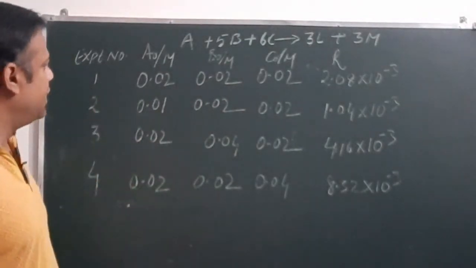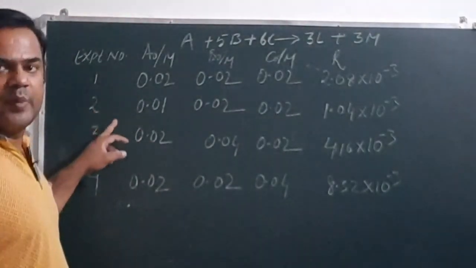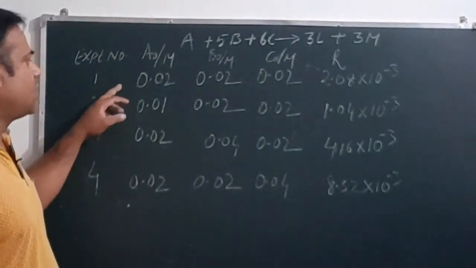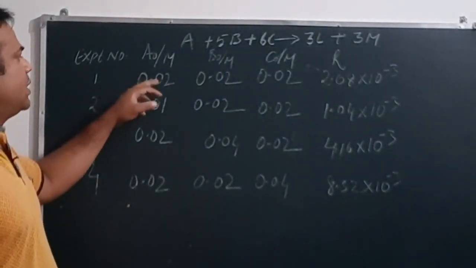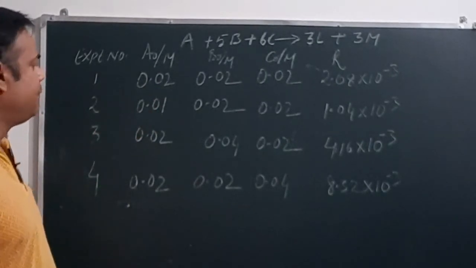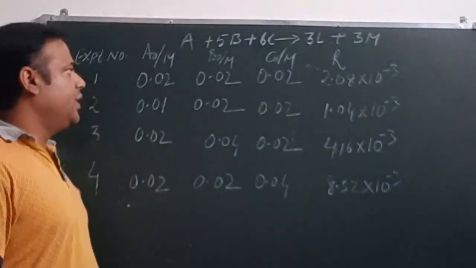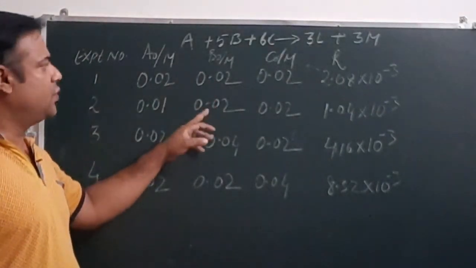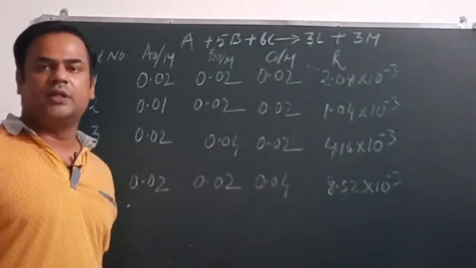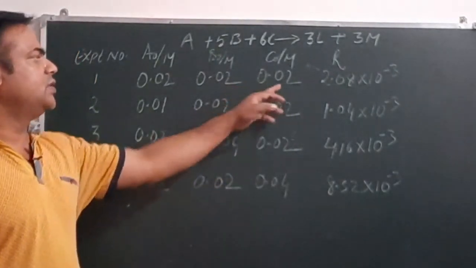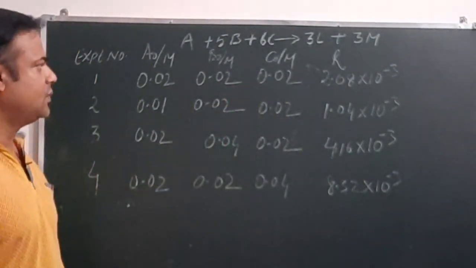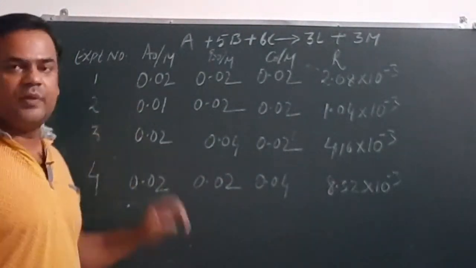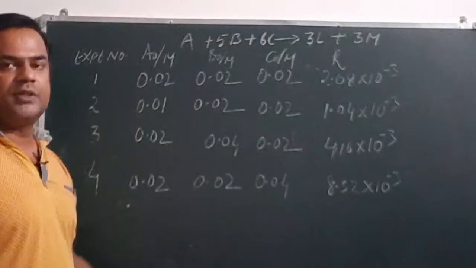If we observe here, in experiment number 1 and 2, the initial concentration of A changes from 0.02 to 0.01, while the initial concentration of B is the same, 0.02, and the initial concentration of C is also the same, 0.02. Now by using the first and second experimental values, we can determine the order with respect to A.